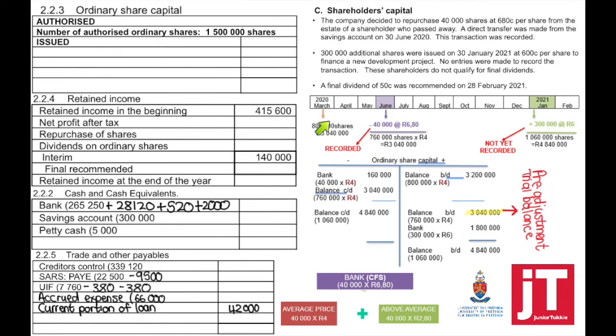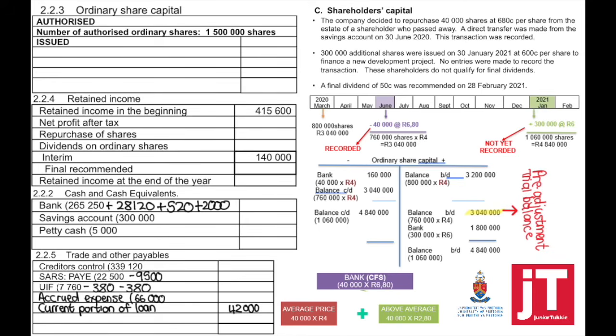So to calculate the number of shares in the beginning of the accounting period, we are going to take 760,000, opposite calculation. So now we need to plus 40,000 equals the 800,000. Very important. We need to calculate the average price.